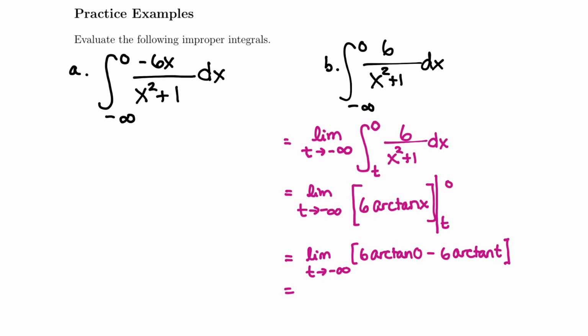Let's pull up a graph. Arctangent of x is a sideways kind of tangent. So the arctangent of 0 is just 0. The angle where the tangent is 0 is at 0.